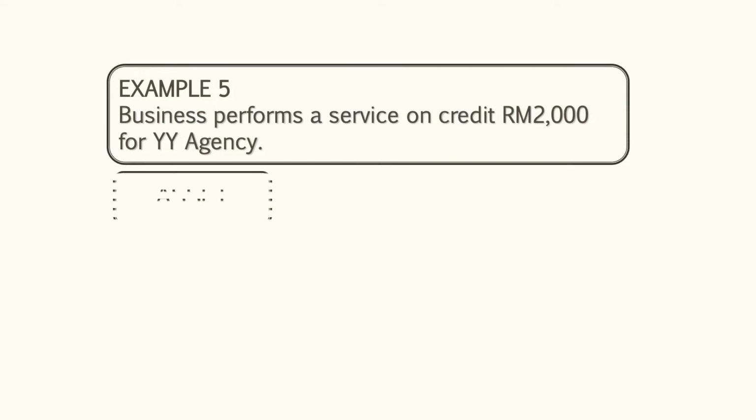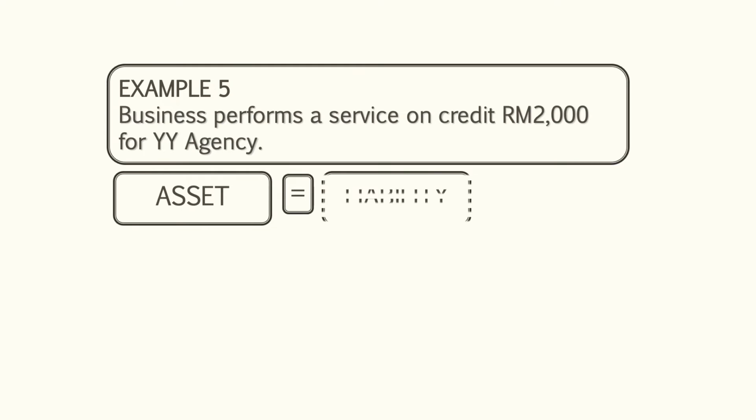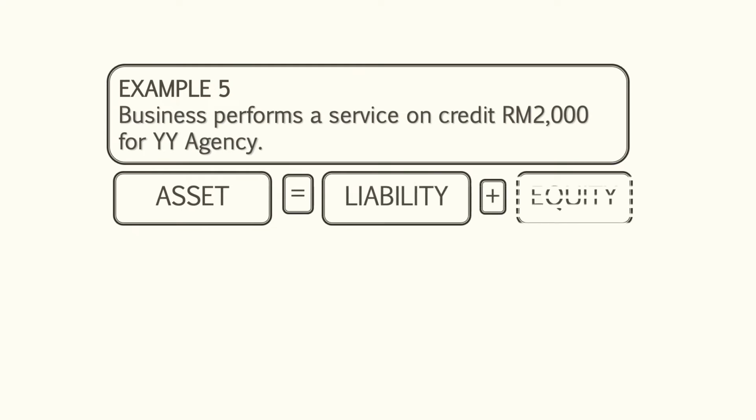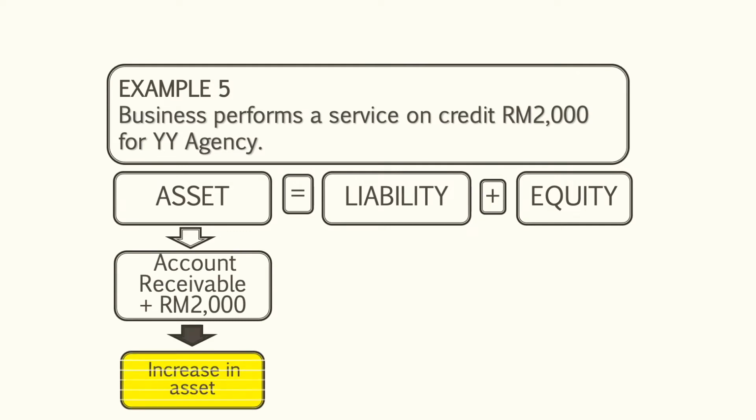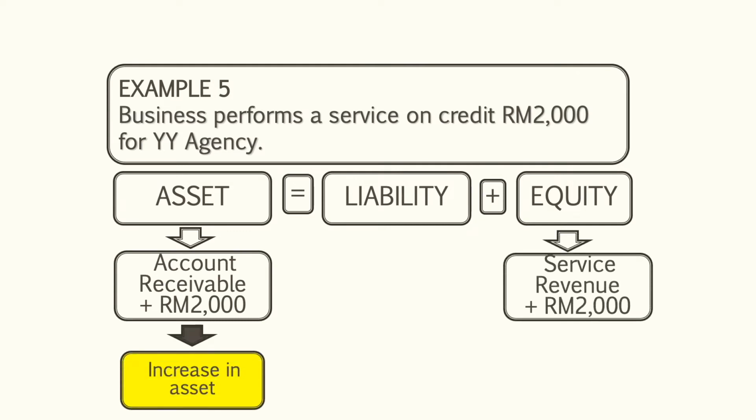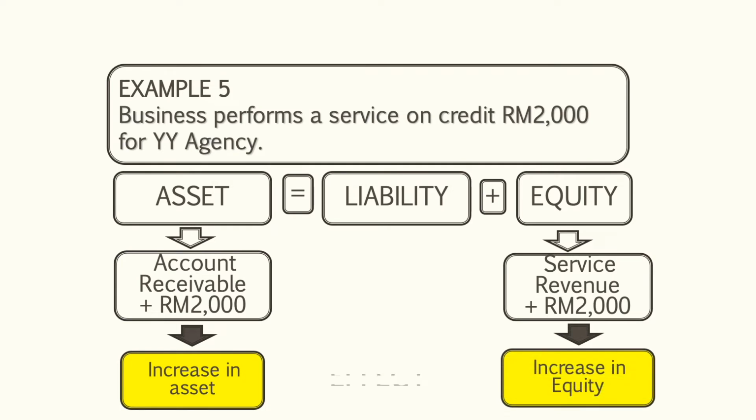Our asset will increase RM 2,000 under the item of account receivable, akaun belum terima. At the same time, we can see the equity part will also increase RM 2,000 under the item of service revenue. For this transaction, we can see that an increase in asset will also result in an increase in equity.